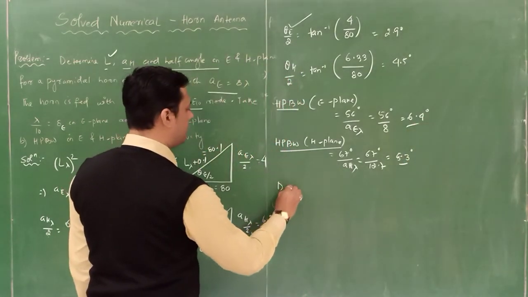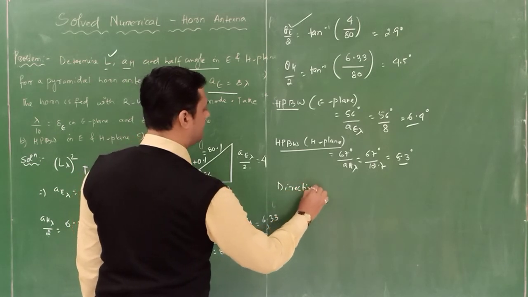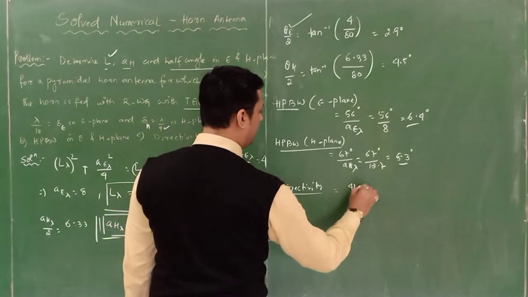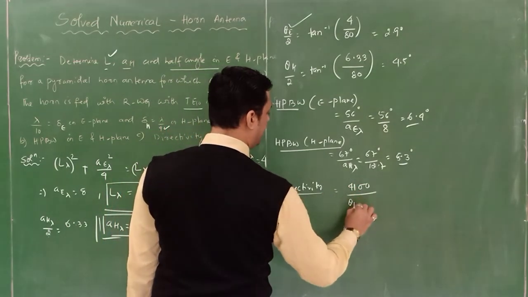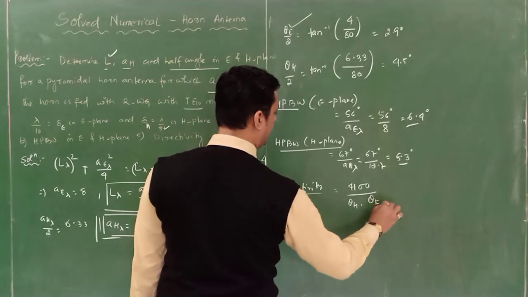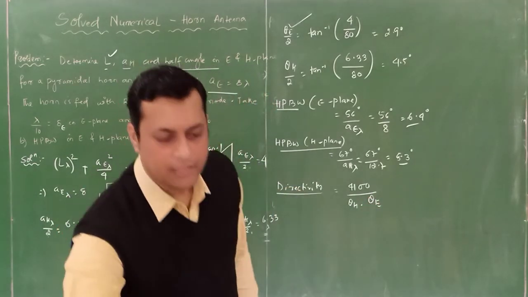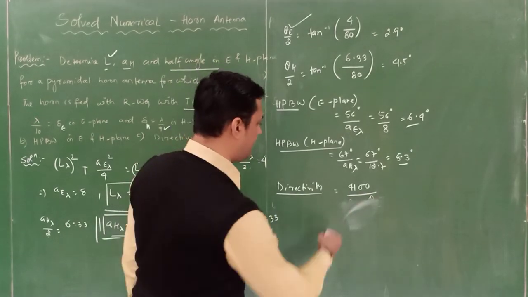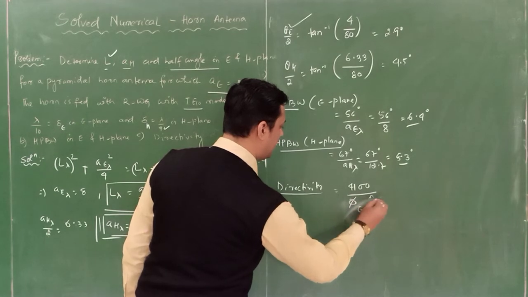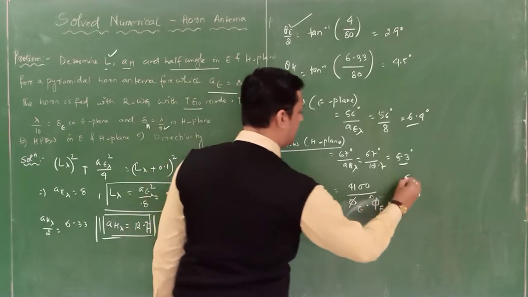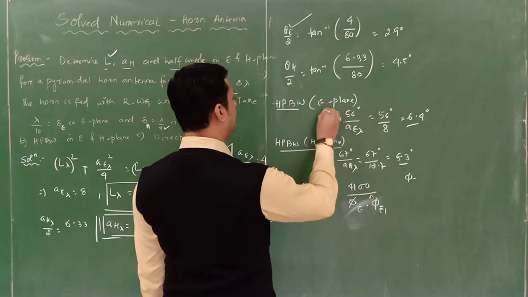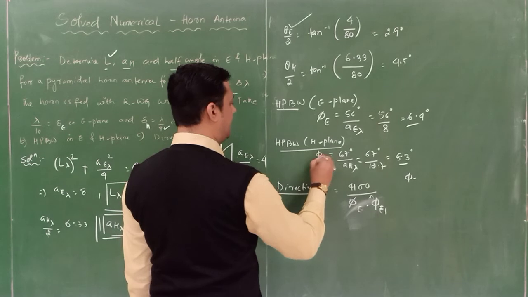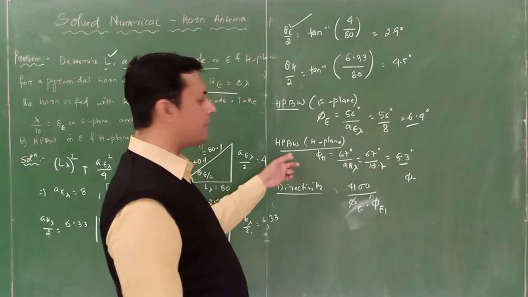Next we have to determine directivity. So directivity also we can determine as we have a relation 41000 divided by theta E and theta H, half power beamwidth of E and half power beamwidth of H. So that is phi suffix E into phi suffix H, where phi suffix E is half power beamwidth of E plane and phi suffix H is the half power beamwidth of H plane.